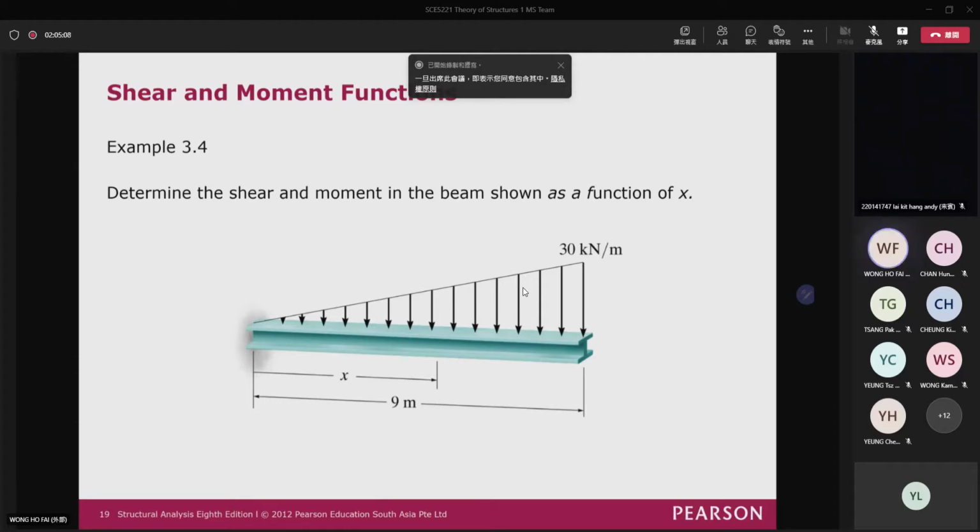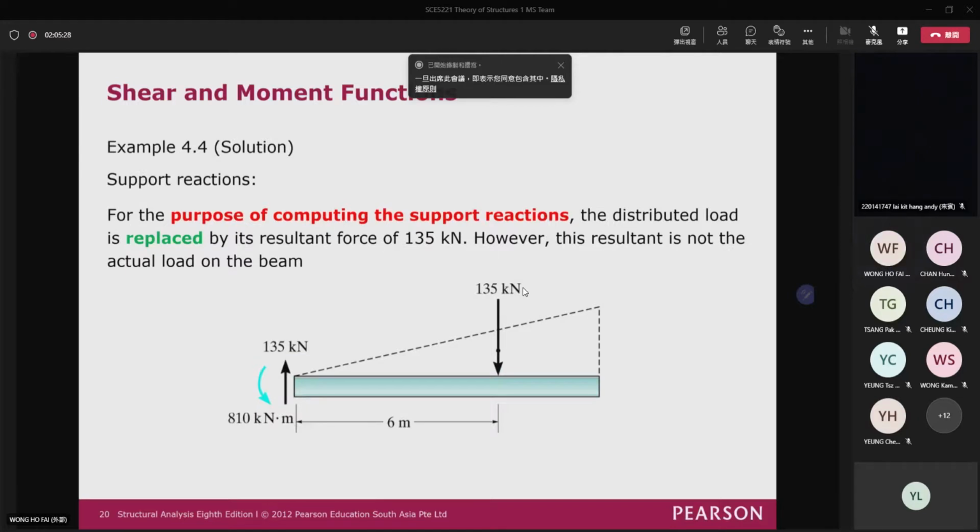So we just need one function to describe the shear force and the bending moment. But here, we need to find the support shear and the support moment first, before we can find the functions for shear and for moment.